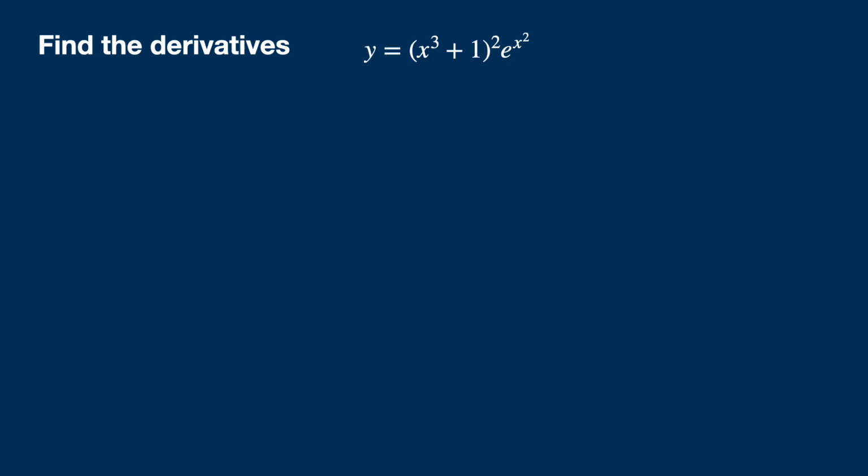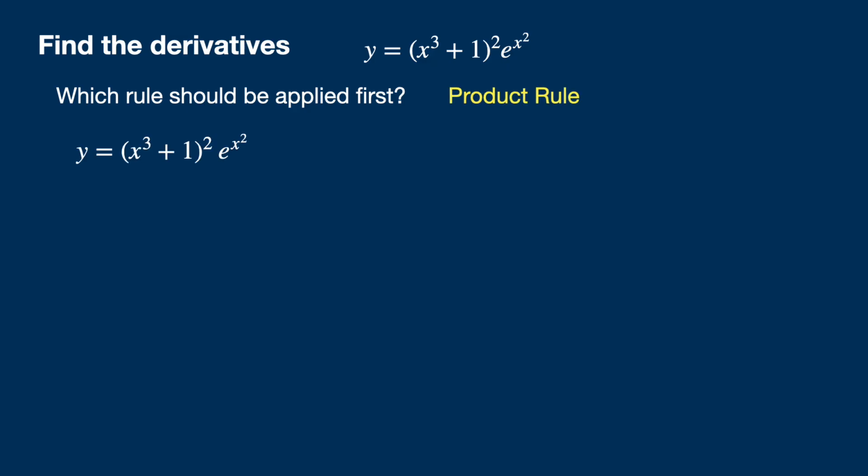Here is the function, guys. y equals (x cubed plus 1) squared times e to the x squared. First thing you have to think about is which rule you're going to apply first. What do you think? We're going to apply the product rule first, guys. Why? Because this is a product of two functions.